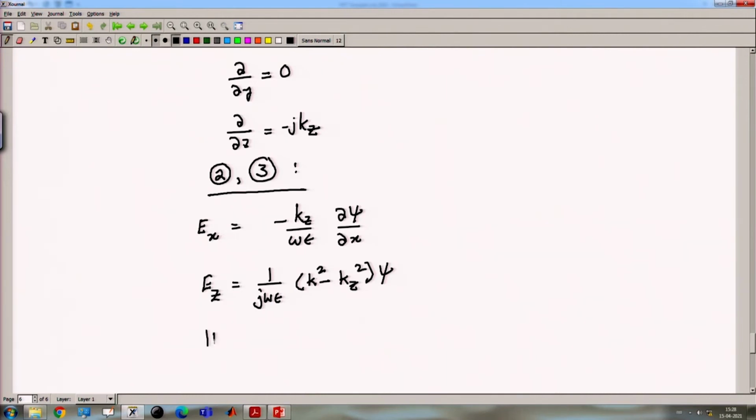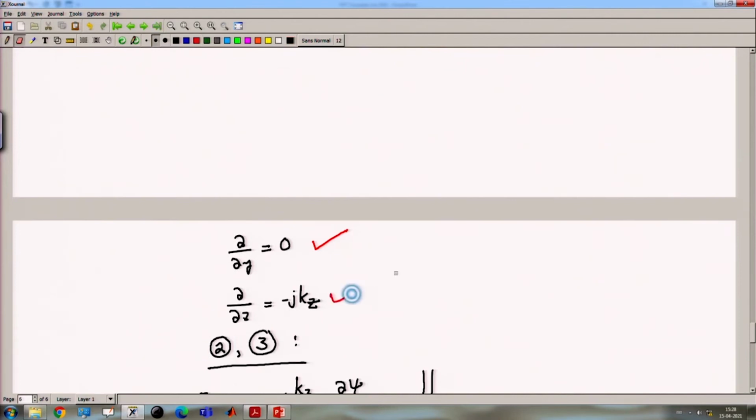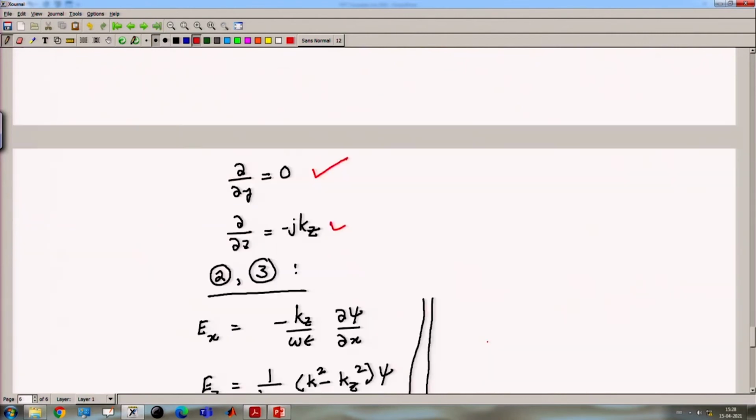H y is unaffected, it is minus del psi del x. So, these are the 3 field components under these 2 conditions.